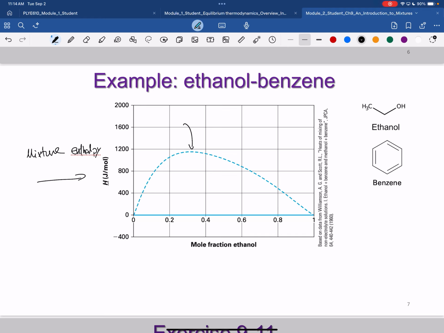And you can see this non-ideal behavior. If it was ideal, you would have basically a line always at 0 as a function of mole fraction. Where are the pure enthalpies of benzene and ethanol on this curve, if you want to consider?